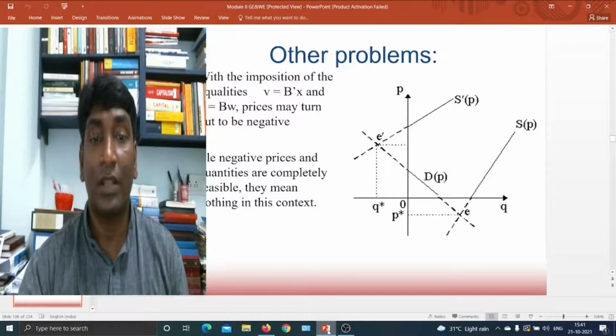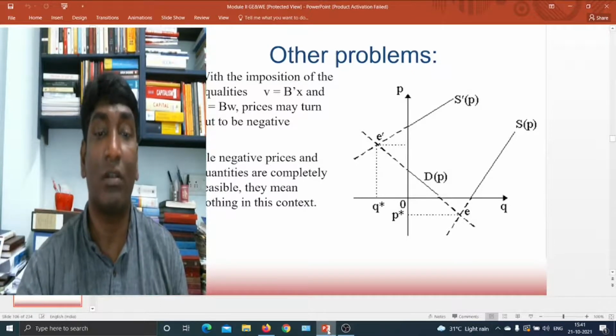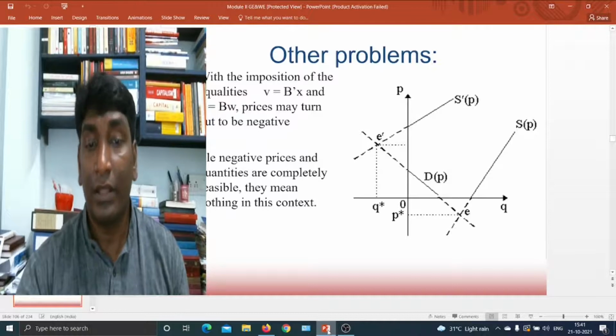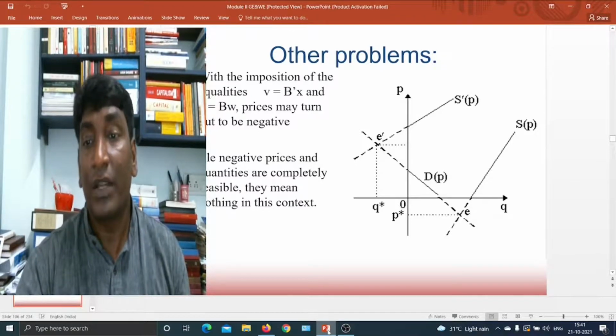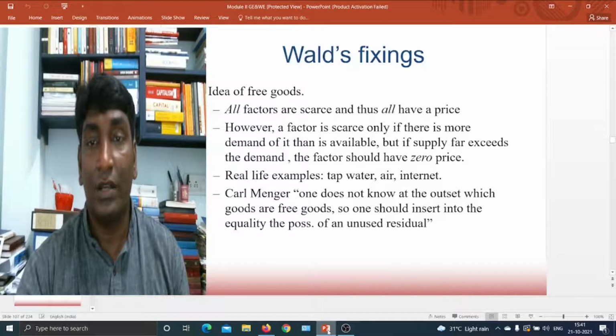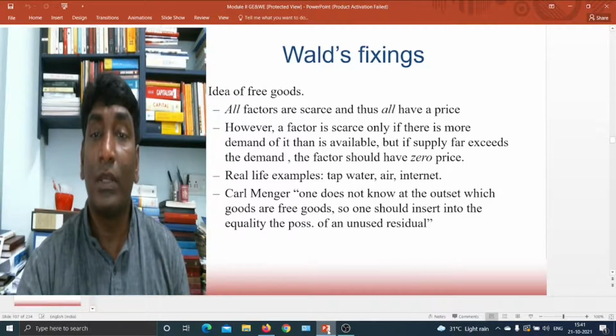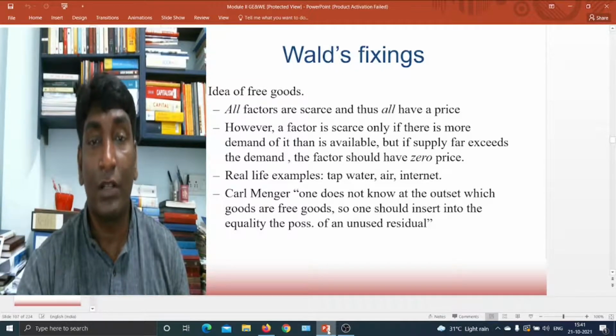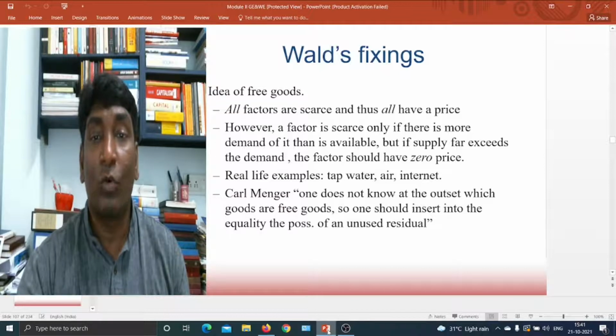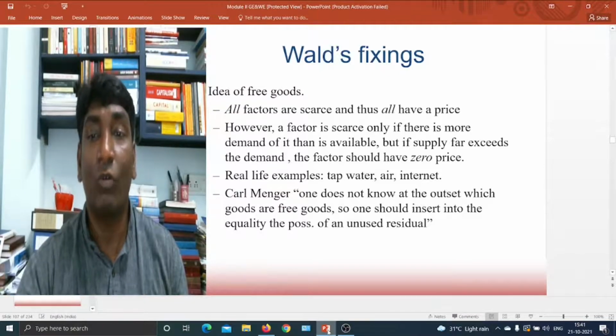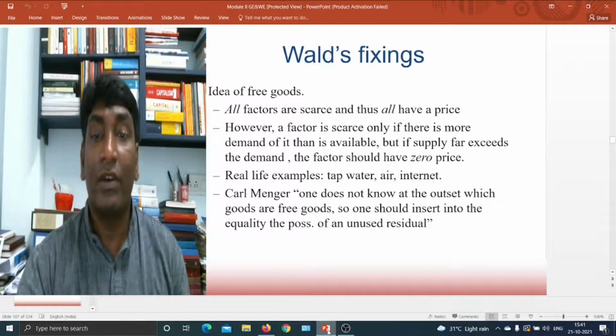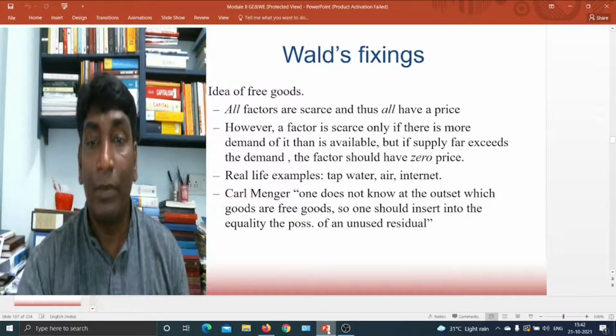While with negative prices the quantities are completely feasible, they mean nothing in this context. Okay, that is the problem with this understanding. Again, this problem is immediately fixed by Wald, and that is what is called Wald's fix. So the idea of a free good: all factors are scarce and thus all have a price. However, a factor is scarce only if there is more demand than is available.